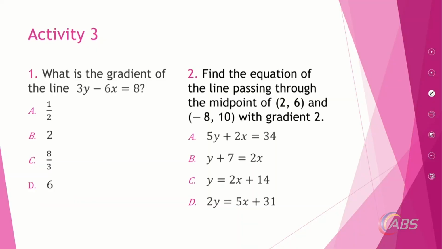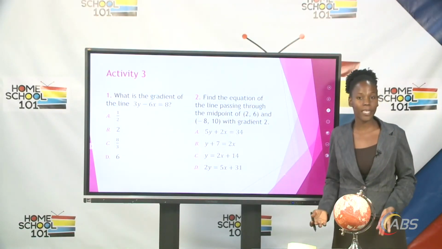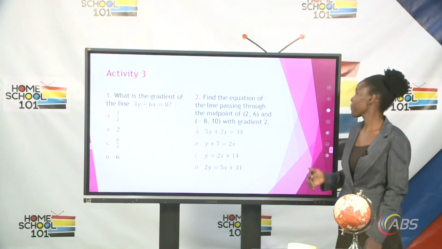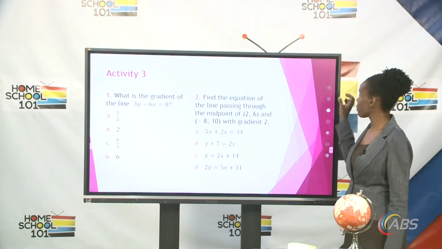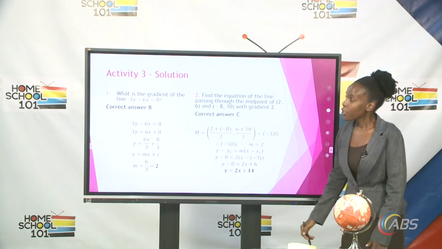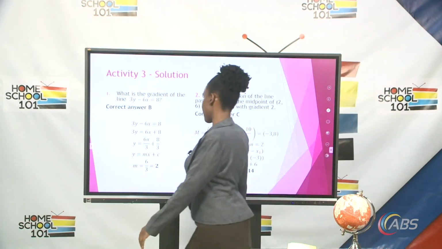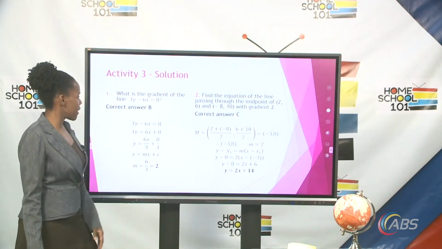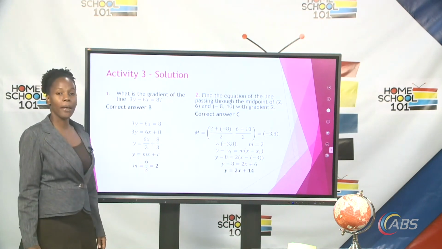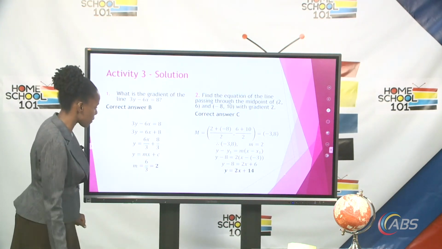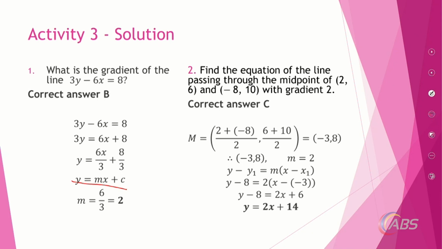So welcome back. Hopefully you were able to complete the questions in the time. So we will go through the solutions. For the first question, it states, what is the gradient of the line 3y minus 6x is equal to 8? What we would do is to take 6x across the equal sign. Once it goes across the equal sign, the sign changes, so it becomes positive.